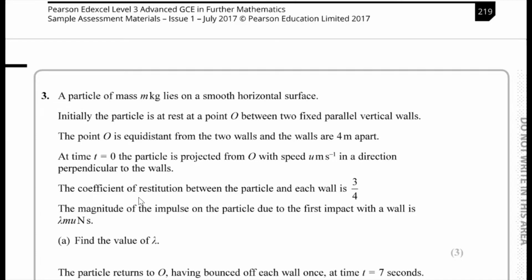The coefficient of restitution between the particle and each wall is 3/4. The magnitude of the impulse on the particle due to the first impact with a wall is lambda mu Newton seconds, and we have to find the value of lambda.